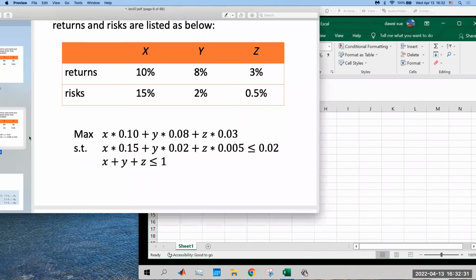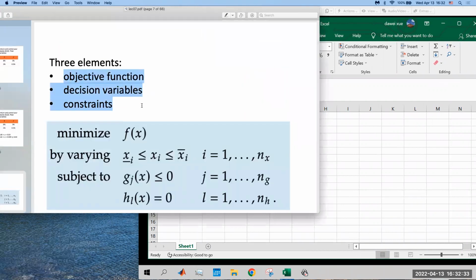Let's go back to here. Okay, so the objective function, decision variables, constraints. Basically, we want to translate all this information to Excel. So Excel knows, okay, you want to minimize this by changing these, subject to some conditions. And in that language, Excel will be able to understand and execute.